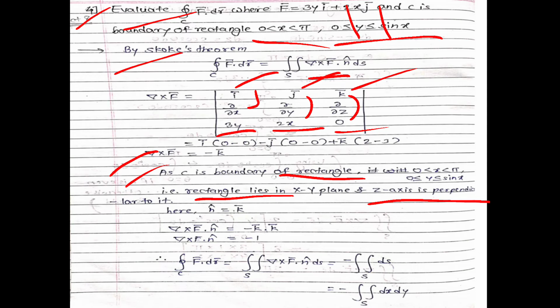This we can predict from these two limiting conditions. So n cap equals k bar, like the z axis is perpendicular to the xy plane, so the respective vector of the z axis is k bar, which is perpendicular to the x and y plane. So the normal vector n cap can be written as k bar.